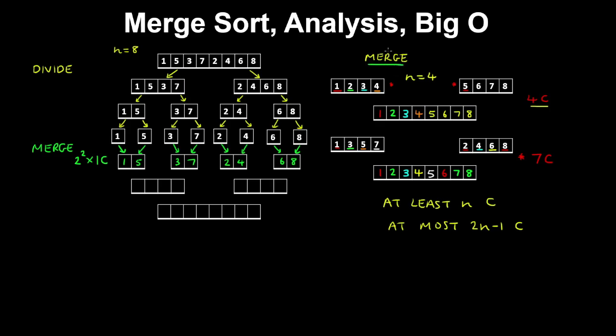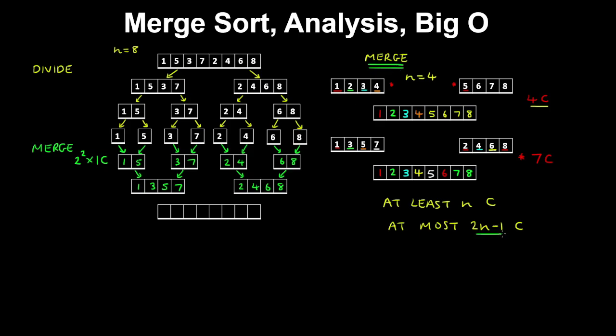So noting our merge algorithm here, and then these subarrays get merged. So what we get is 1, 3, 5, 7, and 2, 4, 6, 8. And this is done using the merge algorithm which we just covered.